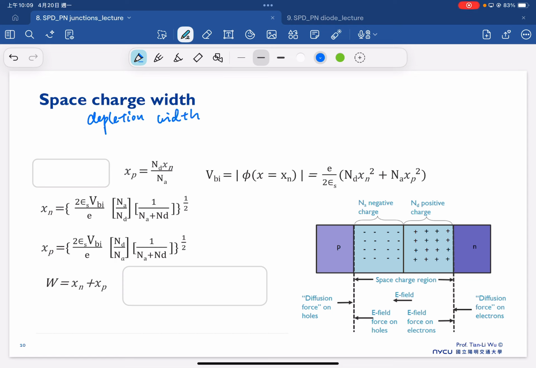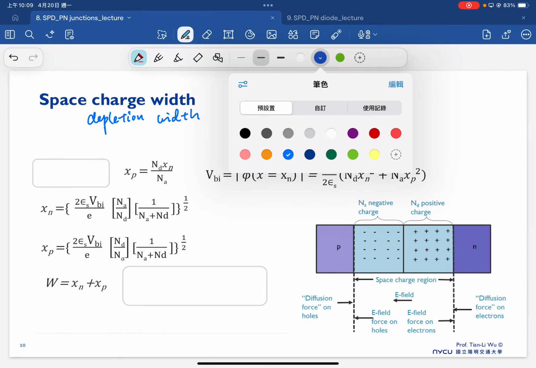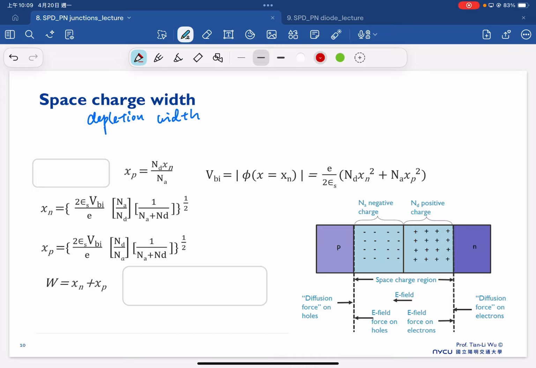So the question now becomes, how are we able to estimate the space charge width in the P region and the space charge width in the N region, and for sure the total width is equal to Xn plus Xp here.